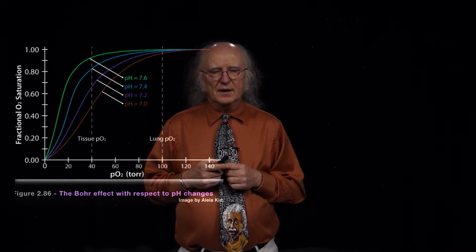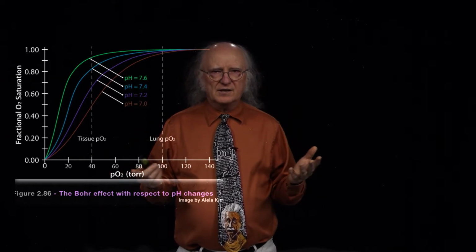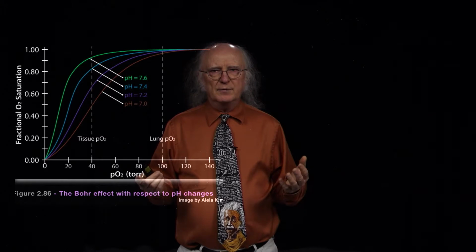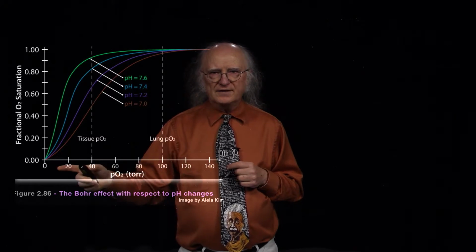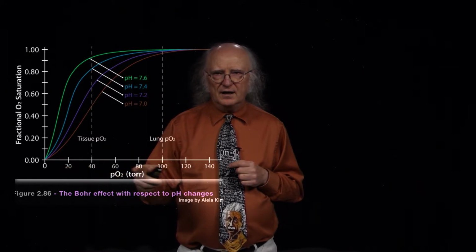It's called the Bohr Effect, B-O-H-R. The Bohr Effect is a phenomenon that was discovered by a scientist named Bohr many years ago. In the Bohr Effect, it was found that if you take hemoglobin and measure its oxygen binding, that's the percent saturation that we saw before, as a function of the oxygen concentration like we saw before.